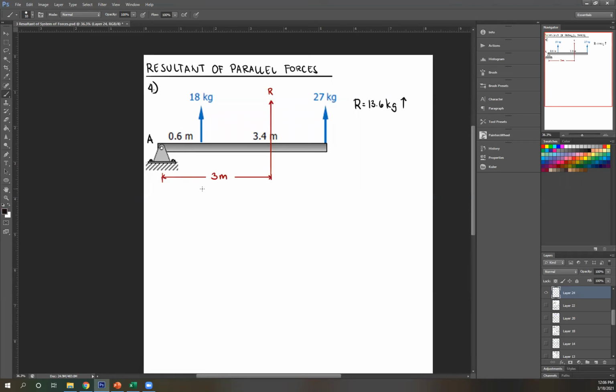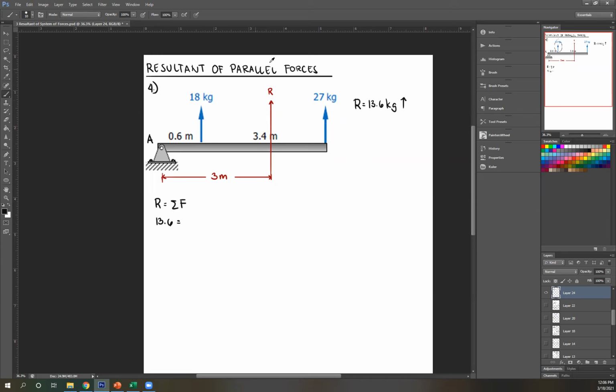It's easy enough to figure out the magnitude just by using your summation of forces. Resultant, remember, is equal to summation of forces. Resultant is 13.6 kilograms upwards, therefore positive, and equals the summation of the forces present.